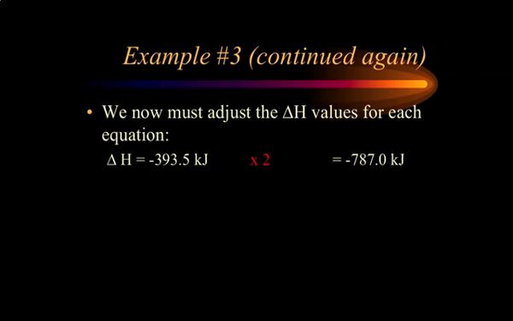And the delta H of my first equation was negative 393.5. So multiply that by 2, we get negative 787 kilojoules. My second equation, we multiplied by 3. So I multiply the enthalpy of that reaction by 3. And I get negative 857.4 kilojoules.